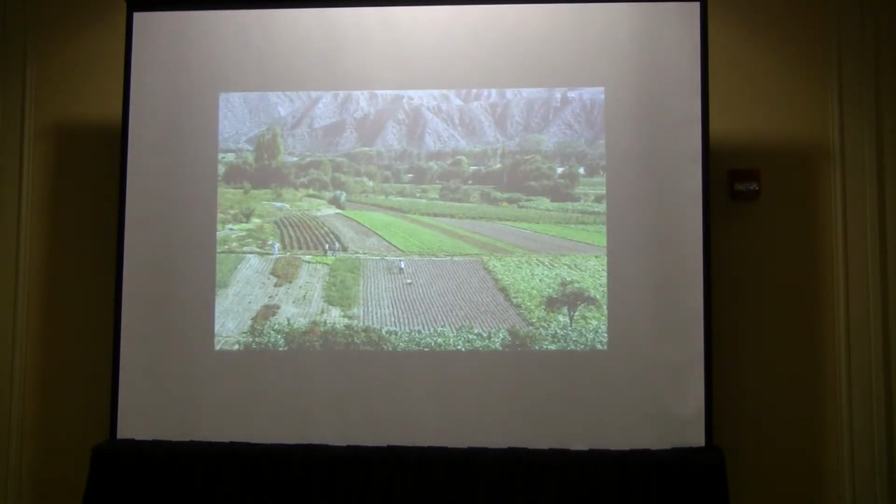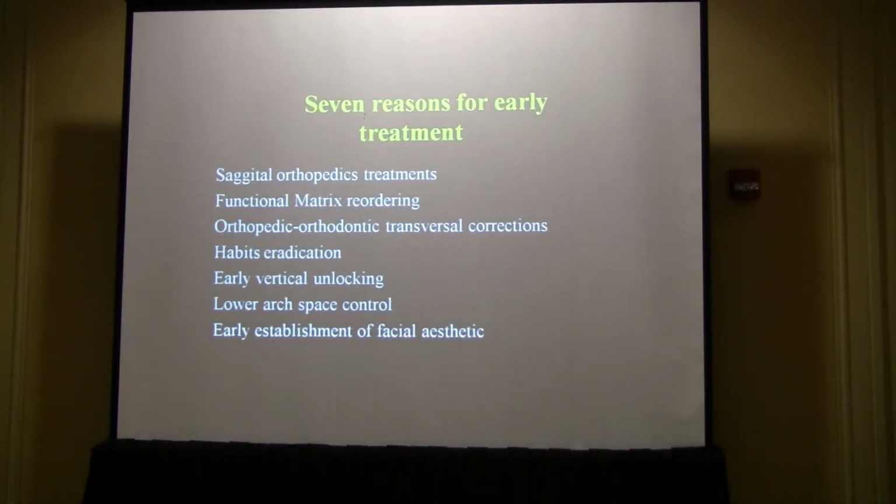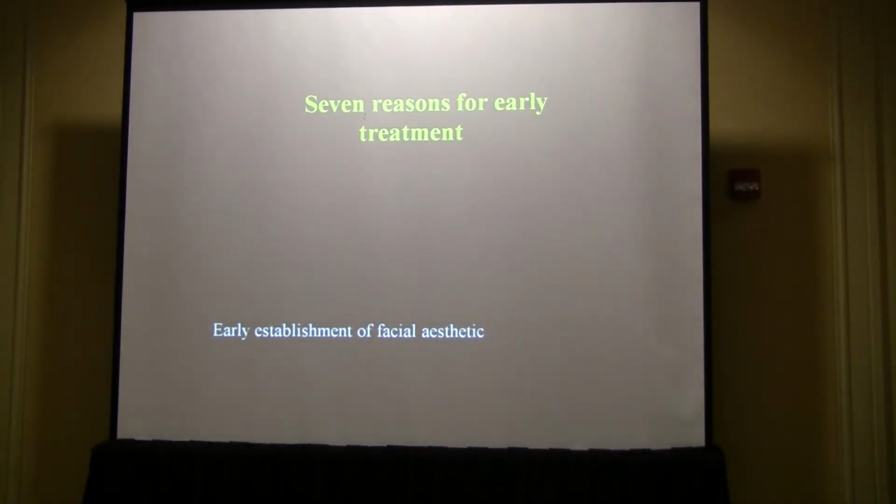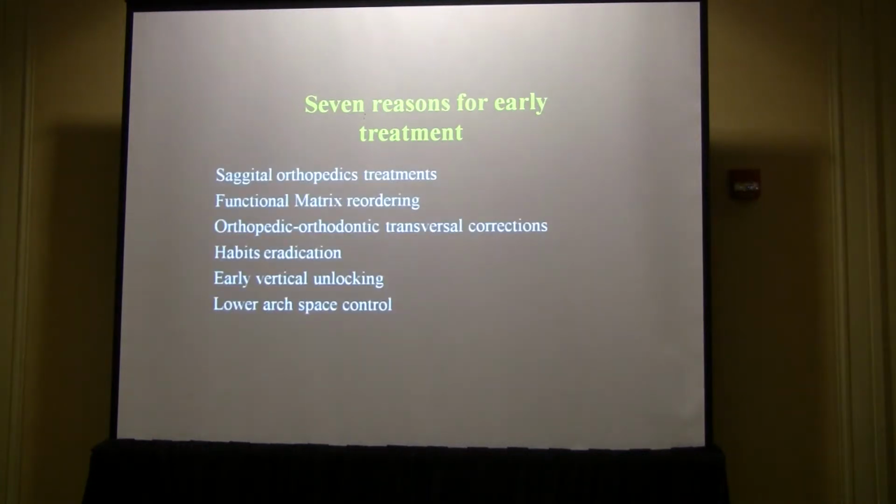The last reason, and surely the consequence of the other reasons, is the early establishment of facial aesthetics. If we actually perform an orthodontic treatment based on these 6 parameters, I have no doubt the last one will take place.